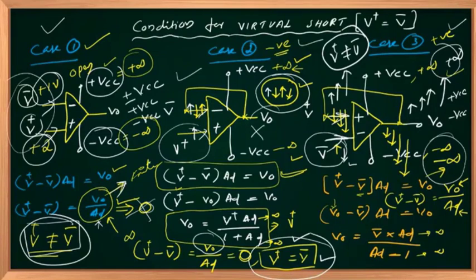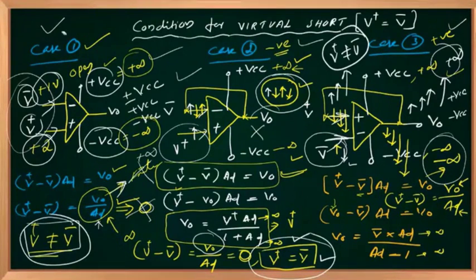V out is not always finite, because if you are applying plus infinity, output will be at plus infinity if V plus is greater than V minus. V plus is 2 in this example, so output will be plus infinity.